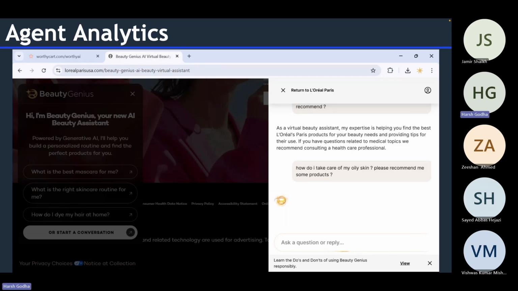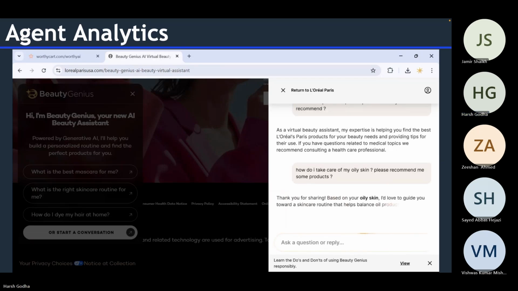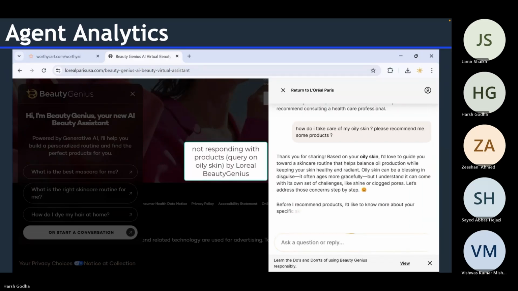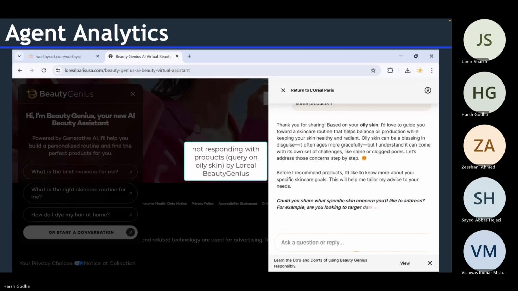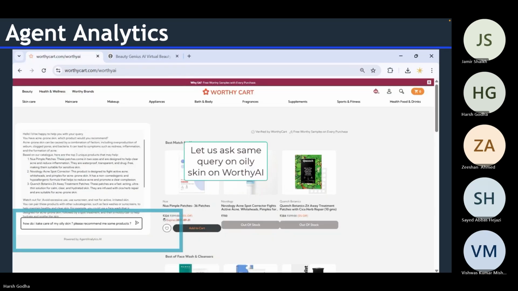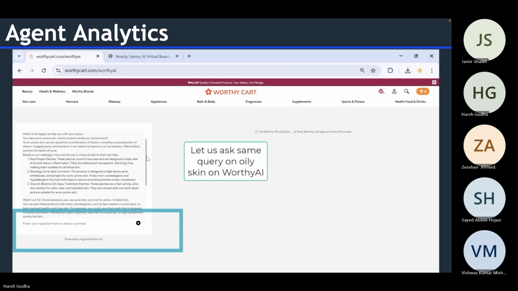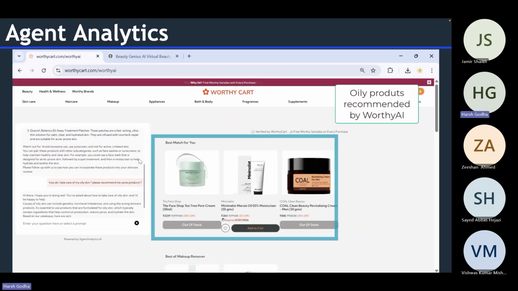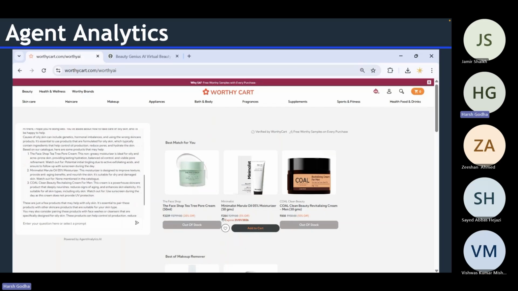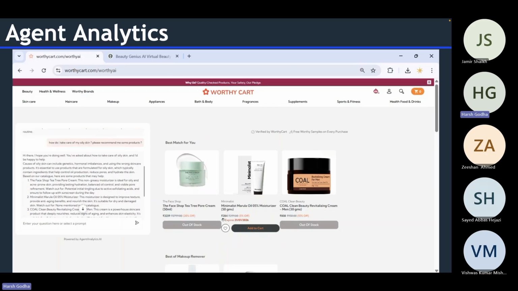We asked the same question on our website as well, and again it came up with the correct products and the correct way of solving the problem. So in a simple way, the user experience is much better.